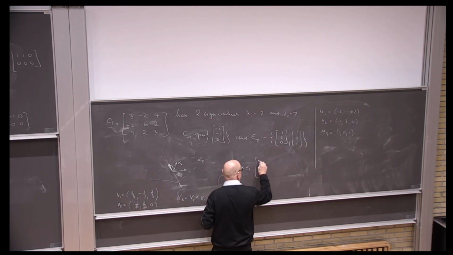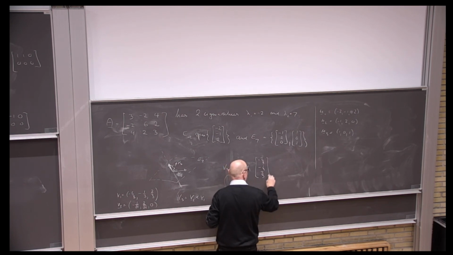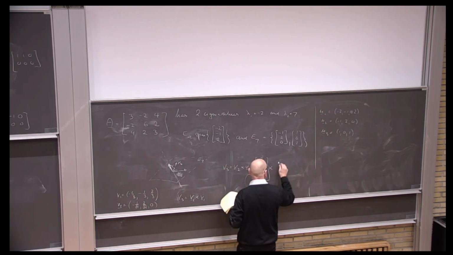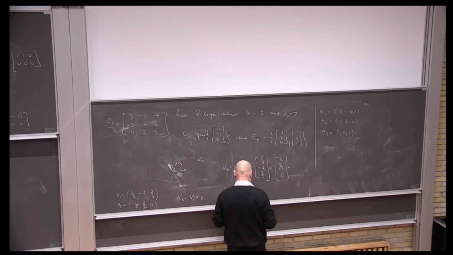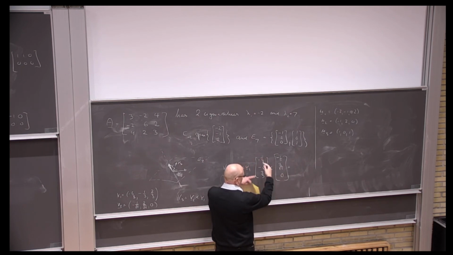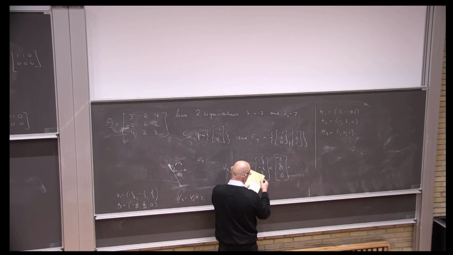And then this is minus 2/3, minus 1/3, 2/3, cross minus 1 over square root 5, 2 over square root 5, and 0. And you get, the first one you get this, oh no, you get, yeah.